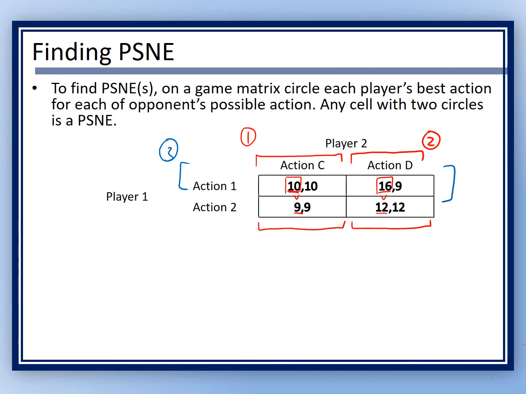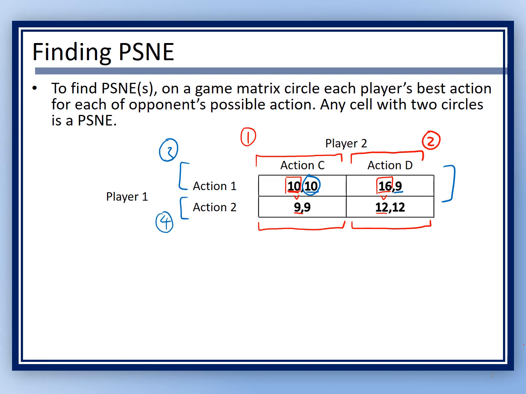Now, suppose player 1 has chosen action 1. What would player 2 want to do? Does player 2 want to choose action C, or action D? Action C gives her 10, action D gives her 9. 10 is bigger than 9, so she's going to choose action C. We're going to put a circle around that.